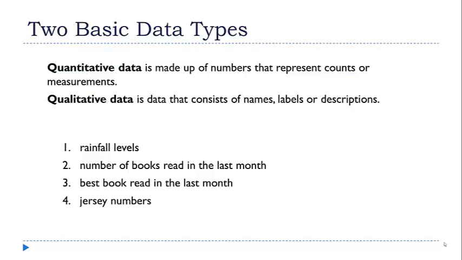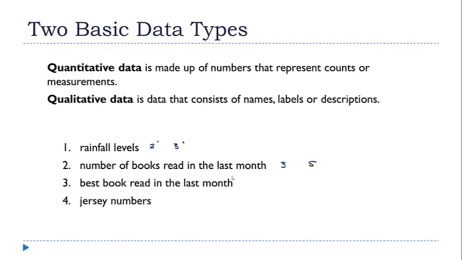On this slide, I have some examples of different variables, and I want to categorize them as either qualitative or quantitative. So to do that, the first thing I want to do is think about some of the possible values for each variable. For example, rainfall levels could be 2 inches or 3 inches. The number of books read in the last month could be 3 or 5.